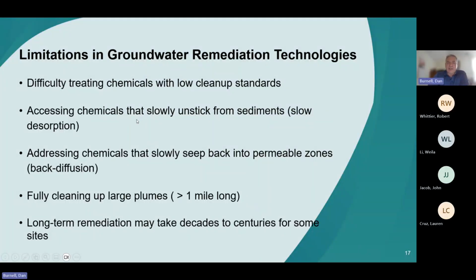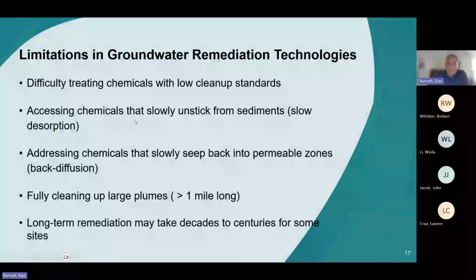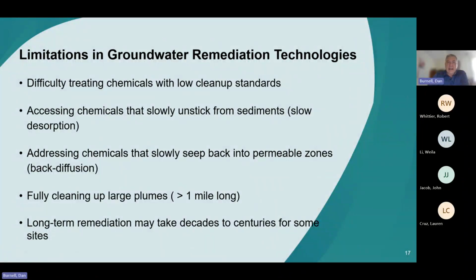In addition, as I mentioned, these chemicals can be stuck to the volcanic rocks and organic carbon, and desorb into the main permeable zones. And so accessing these chemicals that are in the low permeability zones turns out to be very difficult.